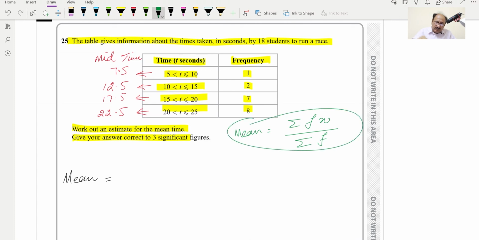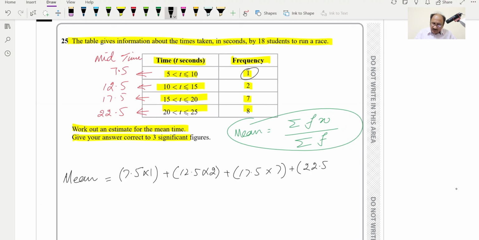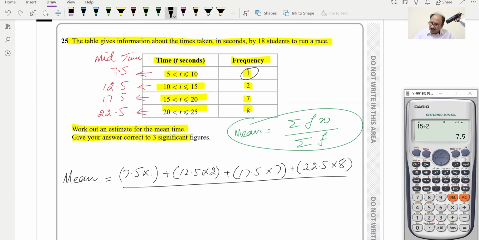So this is the formula which we will be using over here. This will be 7.5 multiplied by the frequency which is 1, plus next will be 12.5 multiplied by the frequency which is 2, plus next will be 17.5 multiplied by 7, last one will be 22.5 multiplied by 8, and the whole divided by the total of frequencies, which is 8 plus 7 plus 2 plus 1, and this is equal to 18.